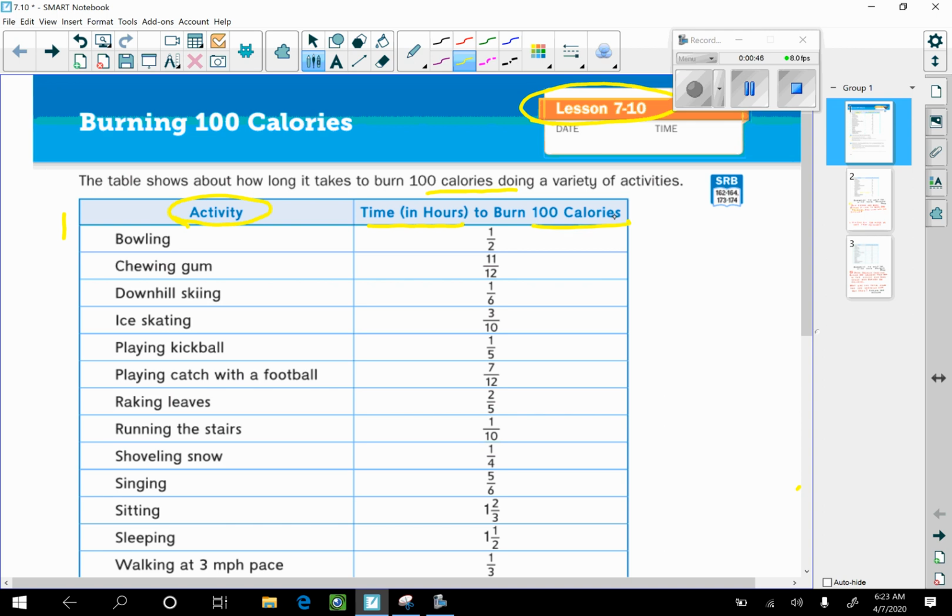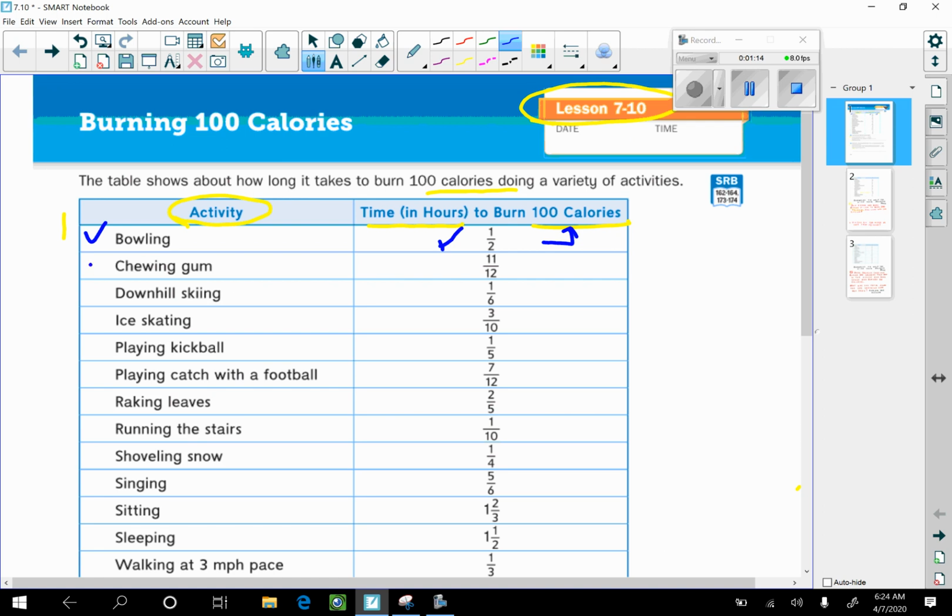For example, if I go bowling, it's going to take me 1/2 an hour to burn 100 calories. So if I bowl, it takes 1/2 an hour to burn 100 calories. This column is the time it takes to burn 100 calories for each activity.